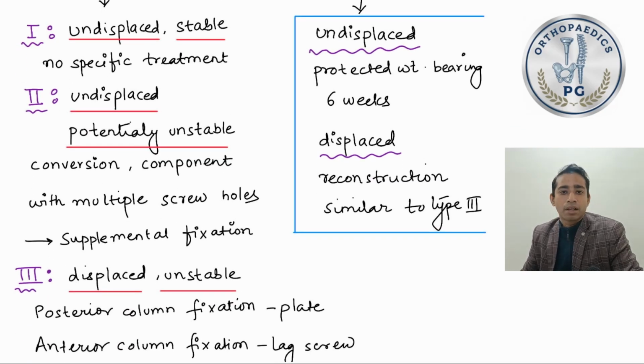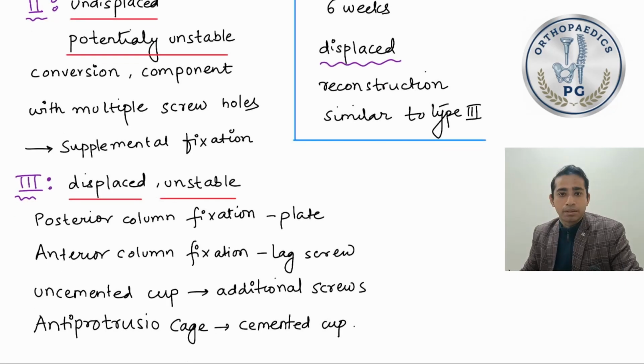First type is undisplaced and stable and no specific treatment is required. Type 2 is undisplaced and potentially unstable. Here a different prosthesis has to be used with multiple screw holes which allow supplemental fixation. And in type 3 it is displaced and unstable and here the acetabulum has to be fixed first.